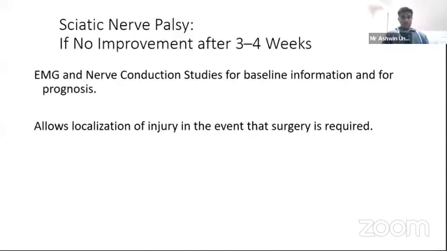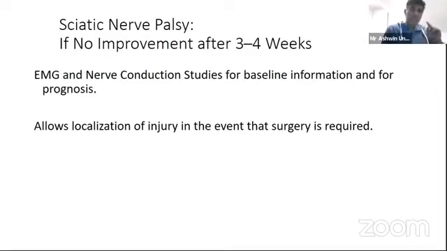Now, if the sciatic nerve does not improve within 3 to 4 weeks, what are the options available? You do an EMG study to see what kind of nerve damage is there, and from there you can take on the process.